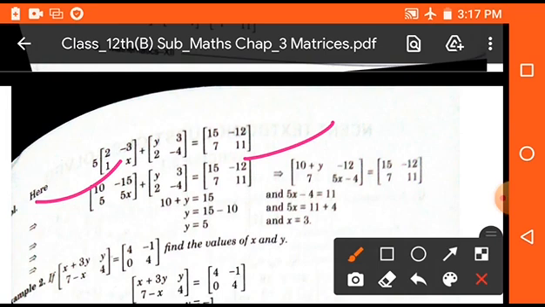Now if two matrices are equal, that means we can write here 10 plus y will be equal to 15. This is the first equation. In the same way 5x minus 4 is equal to 11. So on solving these two equations we easily get the values of x and y. Okay students.